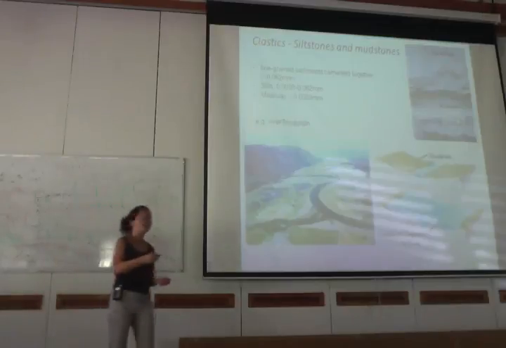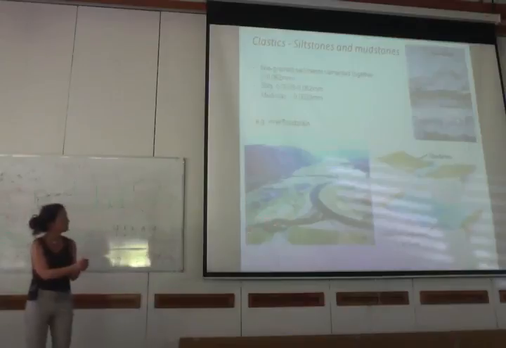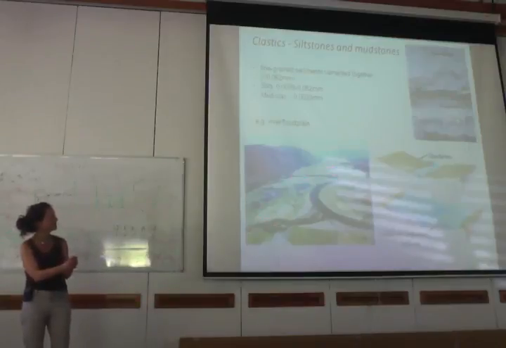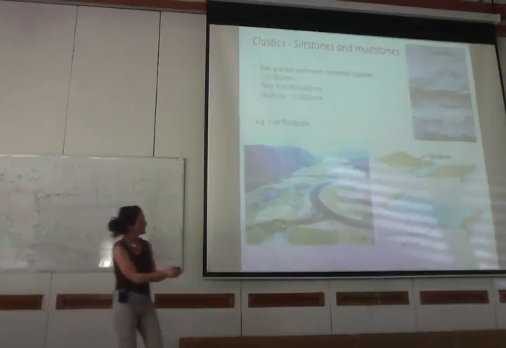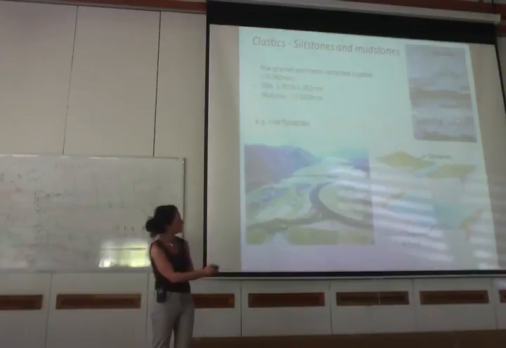Very importantly for agriculture, another environment where we have these fine-grained sediments is on the floodplains of rivers. So where you have a river flowing on reasonably flat land, it can flood seasonally. So this might be normal conditions. This is where it might flood. And as it floods, it deposits some of the sediments, typically the finer grained sediments, because the coarser grained sediments are down here.